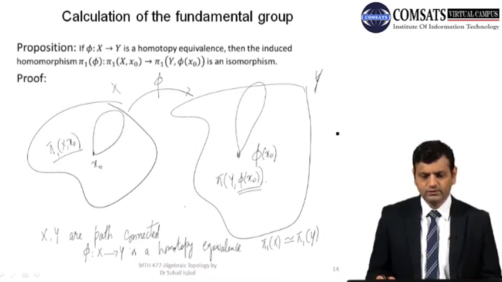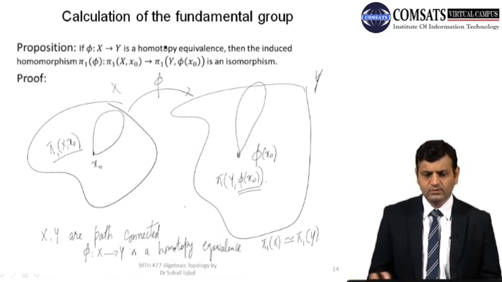In particular, if we have two topological spaces which are homeomorphic, then their fundamental groups are isomorphic. Of course, if they are homeomorphic, then there also exists a homotopy equivalence between them.